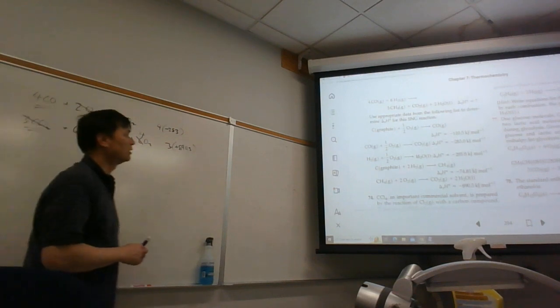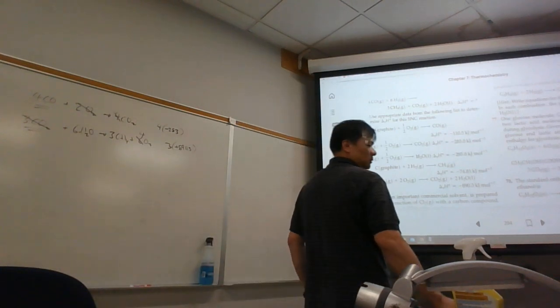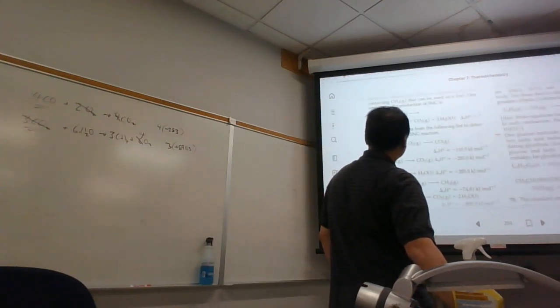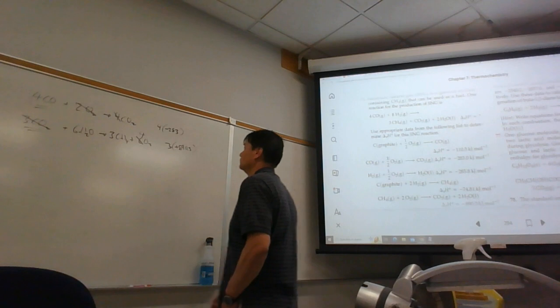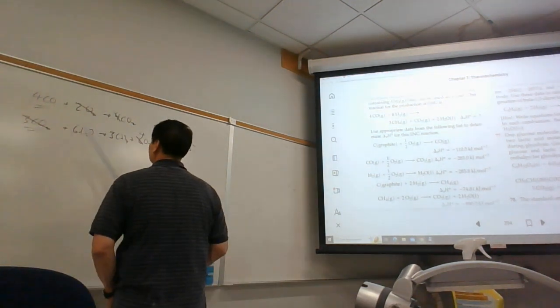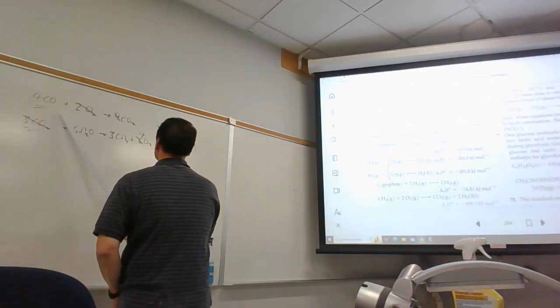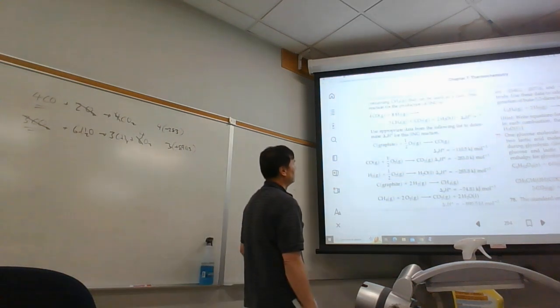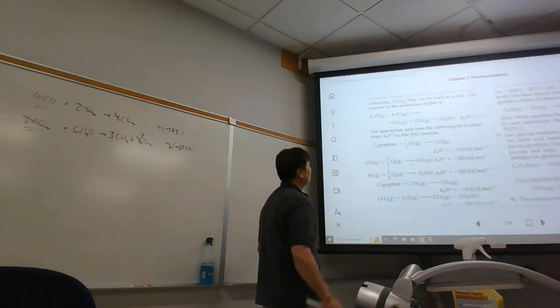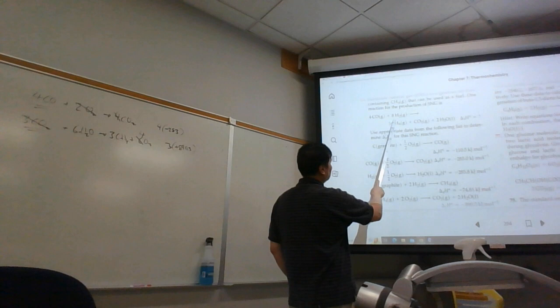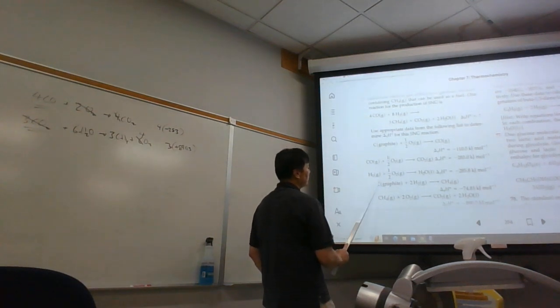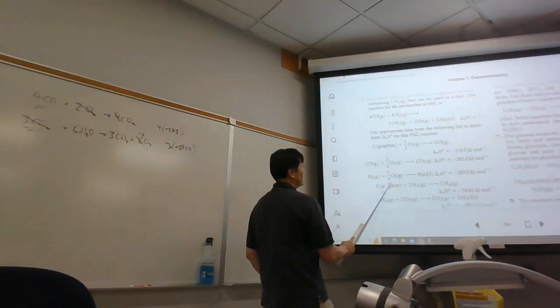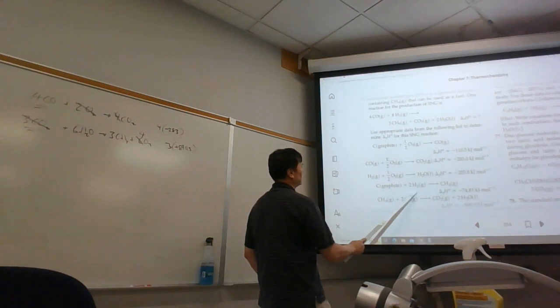So am I getting any closer? Let's see what I've got here. I don't want to mess with my CO2s and I don't want to mess with my carbon monoxide. But I need 8 H2s there. And I had 2 choices for the H2. I could use this one here, or I could use this one here.